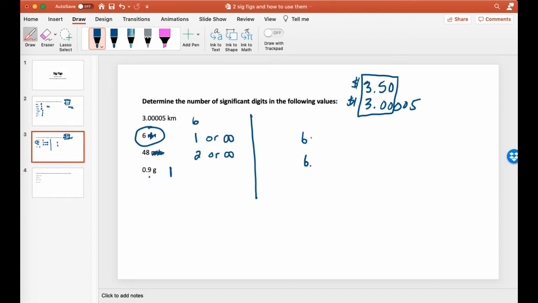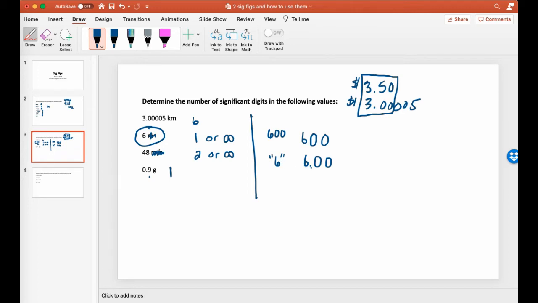So here's a way to put that in perspective, okay? I'm going to leave this 6 here, which is 1 or infinite, and this 6 with the decimal. Now if I add a 0 here, it changes the value of this number to 60. If I add a 0 here, this is still the value of 6. This is now 60. So you can see that 1 or infinite is beginning to make sense, because I can add another 0, and now the value of this is 600. But if I add another 0 to this one, this is still a value of 6. It has not changed.